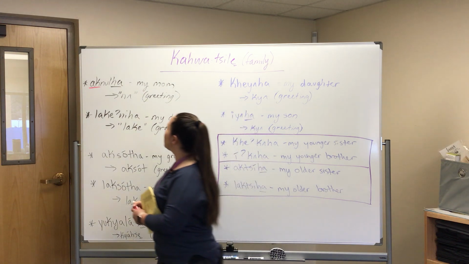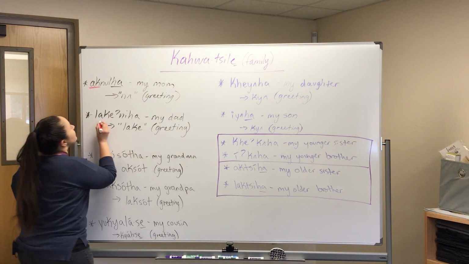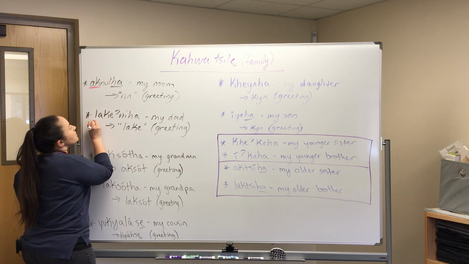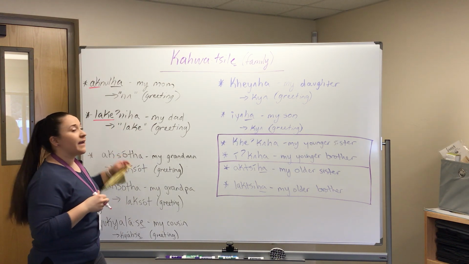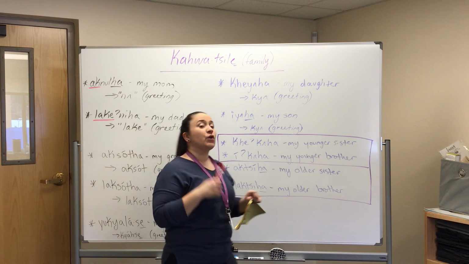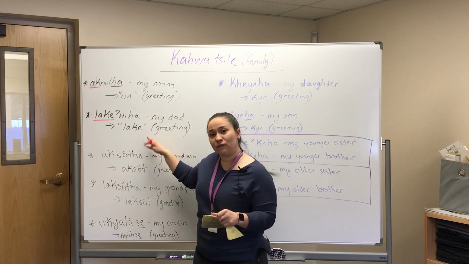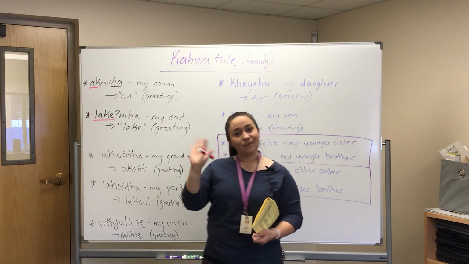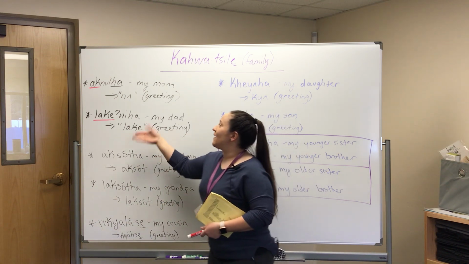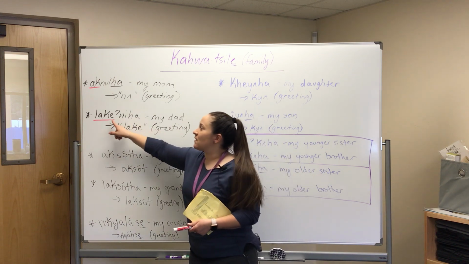Lage niha is the full word. That's my dad. So lage is actually the pronoun. It means him to me. So lage niha is my dad. This one also has a greeting form or command form. It's lage. So you might hear people say that. Segu lage, hi dad. Lage niha is my dad. You can change this a lot of ways too.